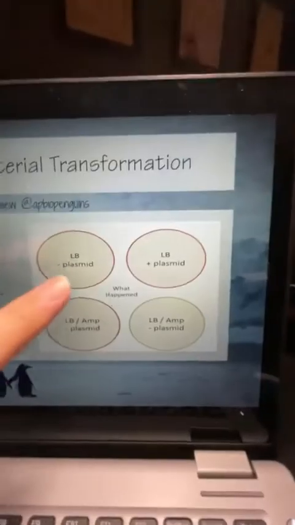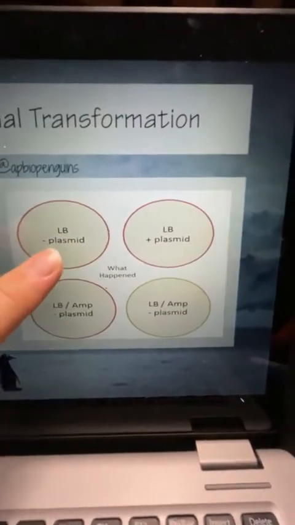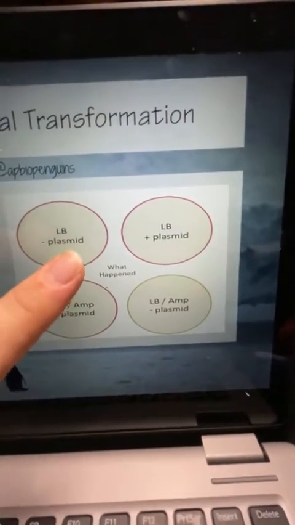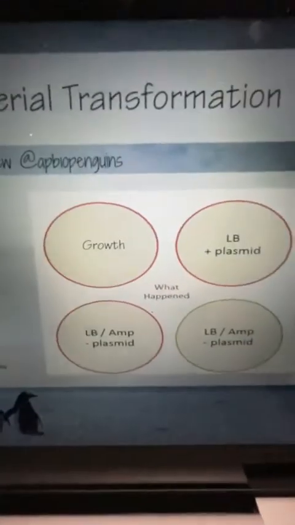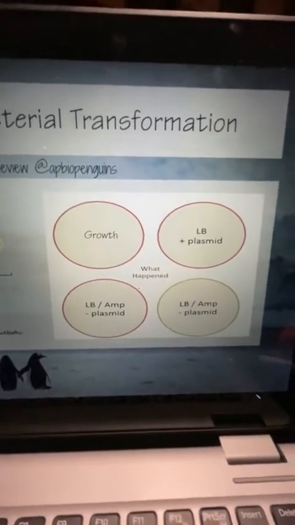So what you have is you have a couple different features, and this question shows up on your exam traditionally. Like there's at least one of these every couple years. And so you'll have one that's LB and a minus plasmid. Minus plasmid means that it doesn't have the plasmid. So we expect a lot of growth, like a whole bunch of growth on that plate, okay? Then, yes, this is genetic engineering.